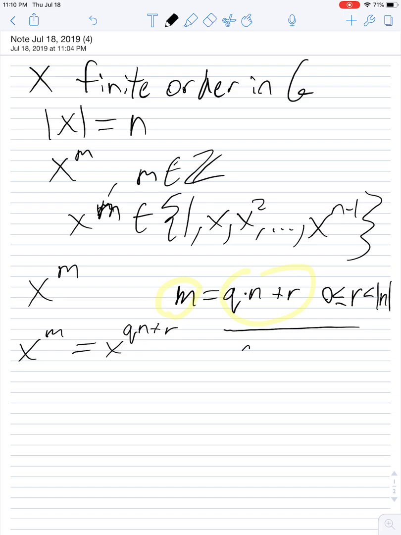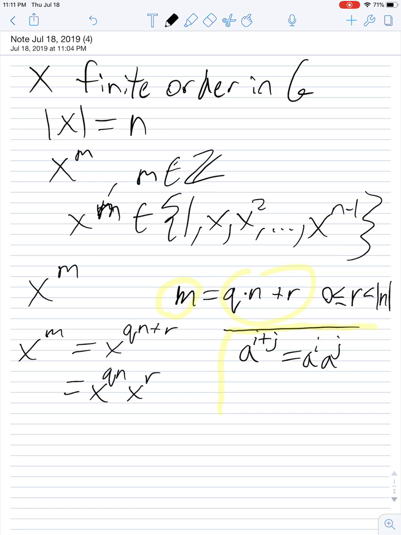We know that if we take some group element a to the i plus j power, we can write that as a to the i times a to the j. So the familiar exponent law holds in any group. So we can apply that, and we can write this as x to the qn times x to the r.